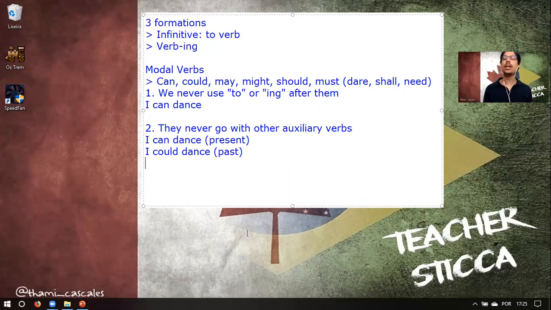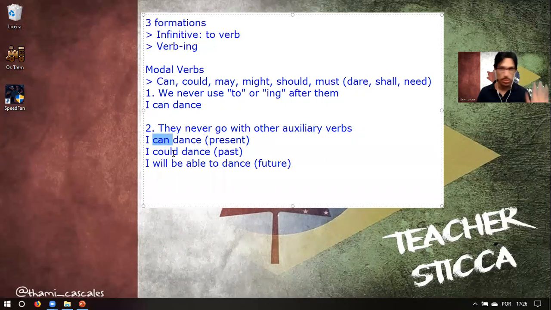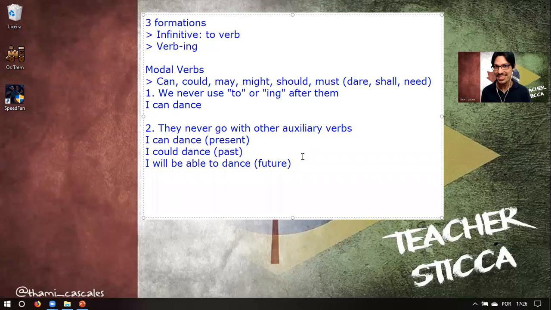We have to change the structure of can or could to a similar expression: I will be able to dance. So that's how you do the future, because you cannot use will with can, and it would make no sense with could. This is how we do the idea of can in all the other verb tenses. I have been able to dance.